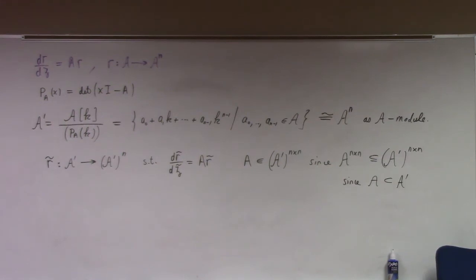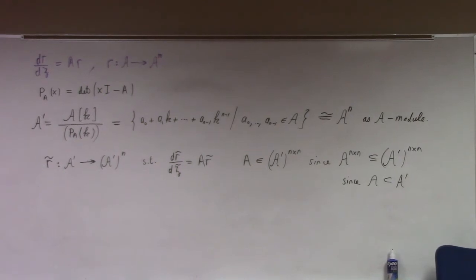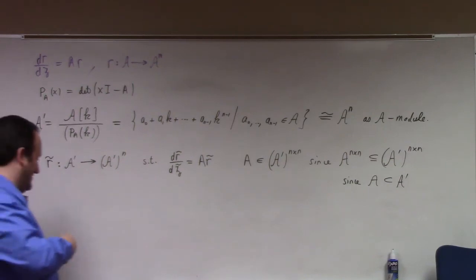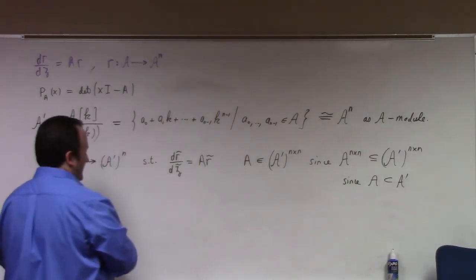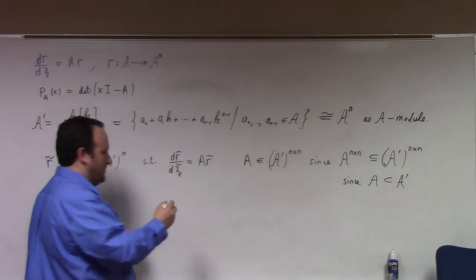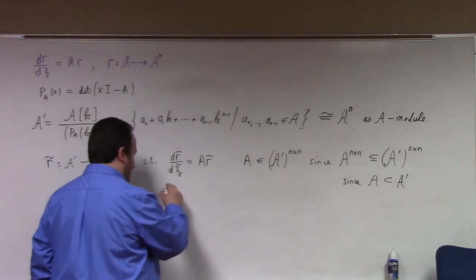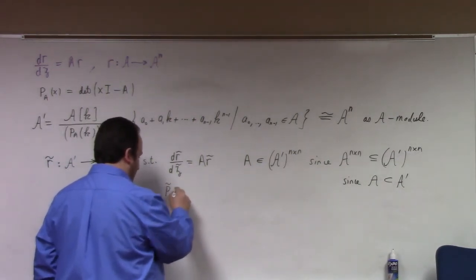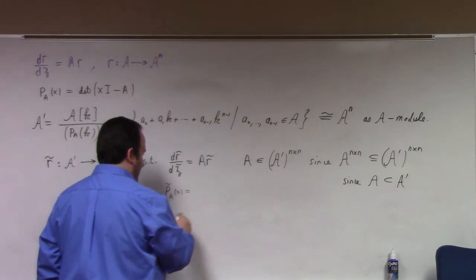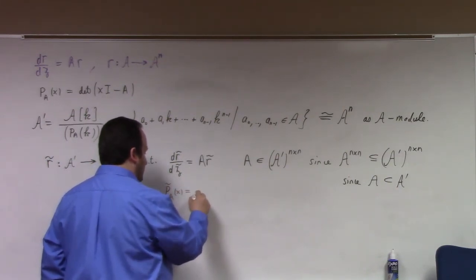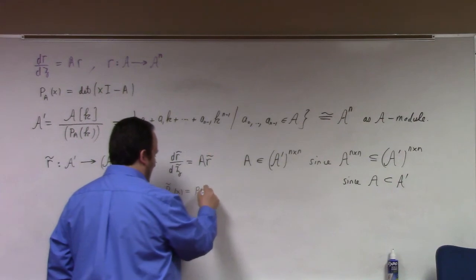How do you solve the extended problem? Can we solve the extended problem? Why can we solve the extended problem? So the extended problem, right? Let me use a tilde just to be obnoxious. P tilde A of x is what? It's still the same, right?